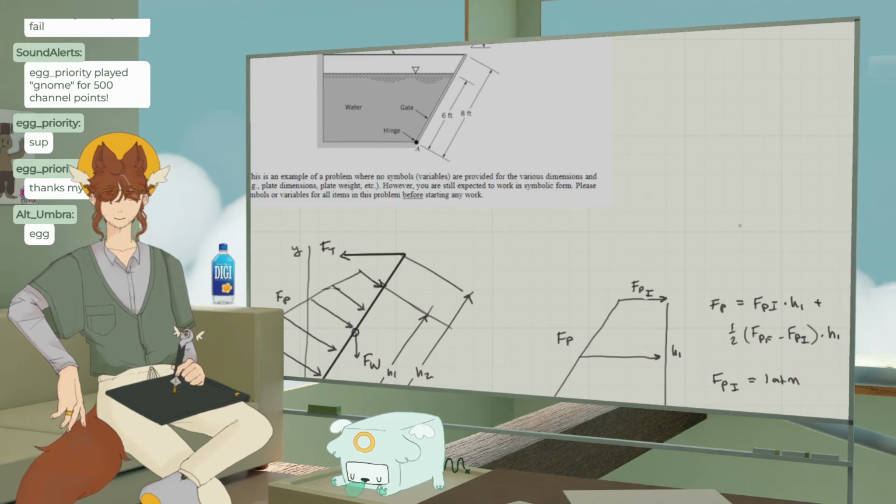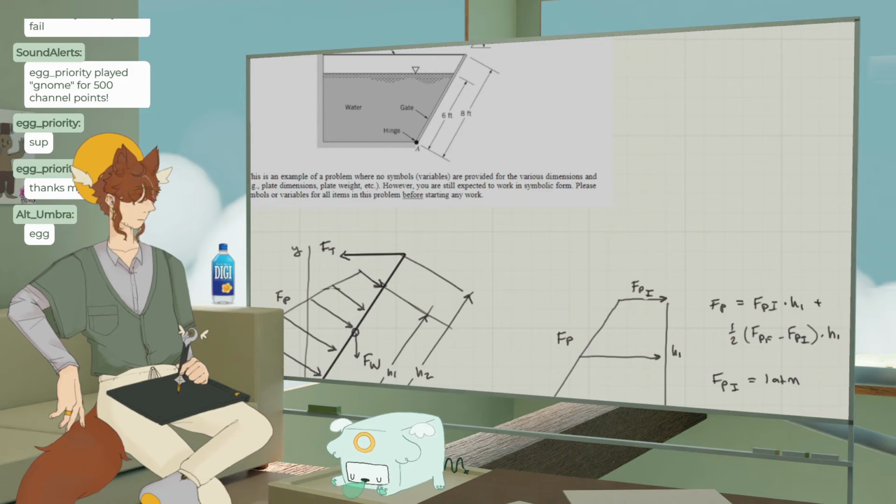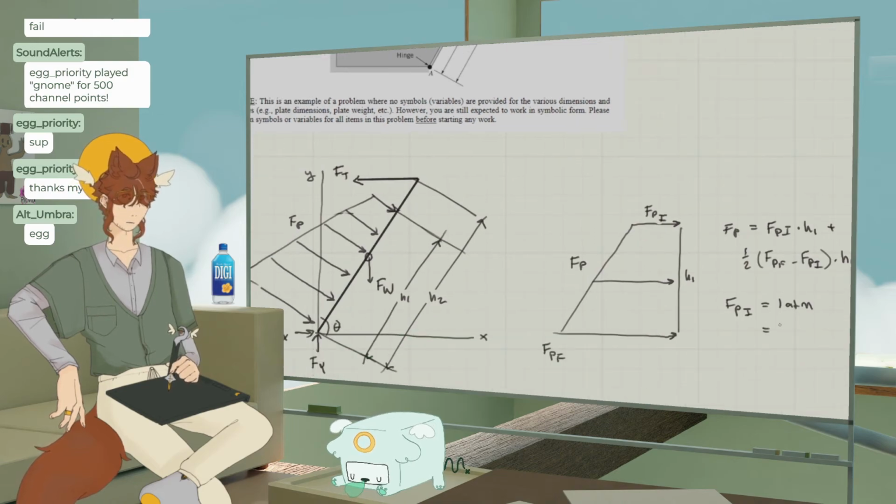Something like that. Oh wait, I can just look it up here. Awesome, I love having reference. It's on the second piece of paper. 14.696, let's go. Equals 14.696 pounds force per inch squared.